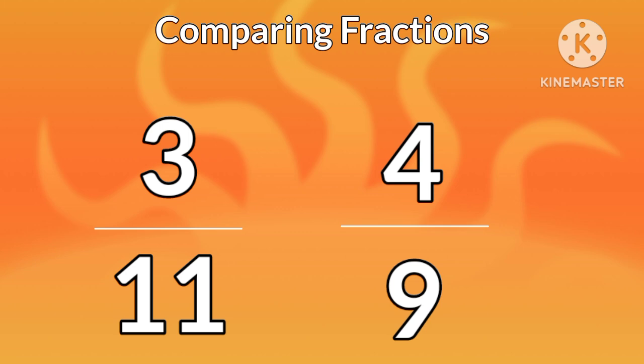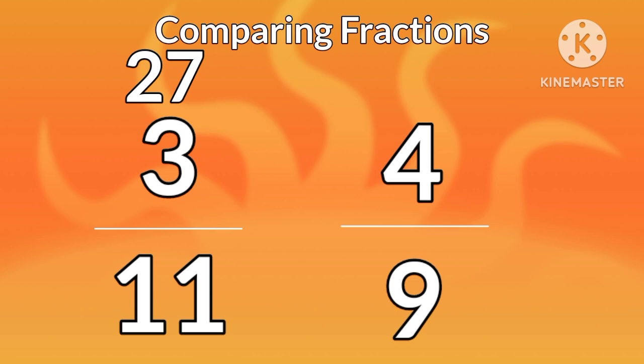If you remember, we first multiply the top numerator of the first fraction by the denominator of the second fraction. So we have 3 times 9, which is equal to 27, and we put 27 on top of the first fraction. Then we multiply the first denominator and the second numerator.